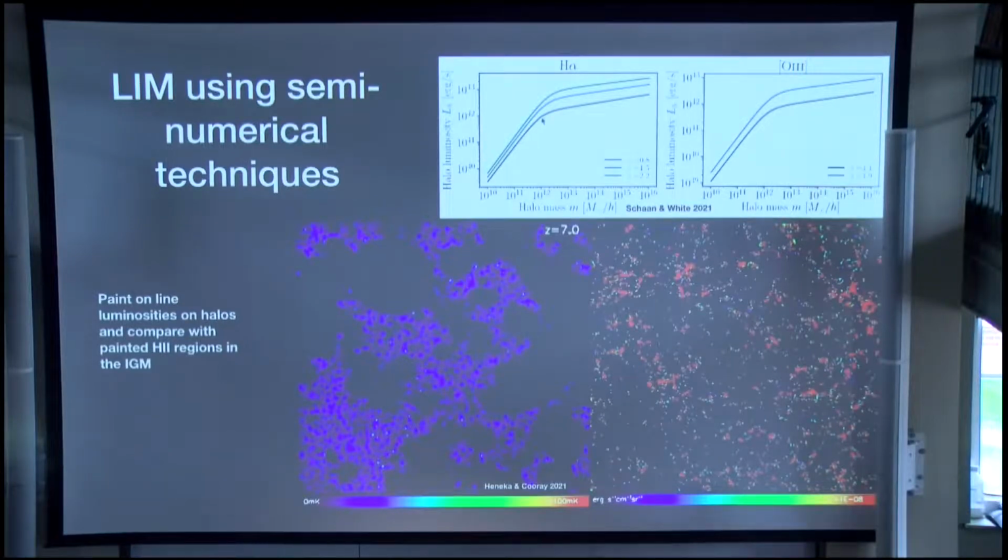So this is the function that they take, and they paint this onto a dark matter simulation, and they arrive at this H alpha line intensity map on the right here. And the 21 centimeter map is also not well modeled because they use the excursion set formalism. That's why you get these exactly spherical bubbles, which you do not really see if you look at realistic simulations. So this is the current state of the art.